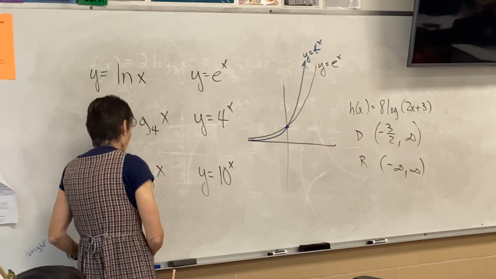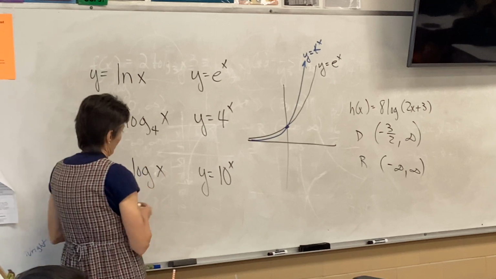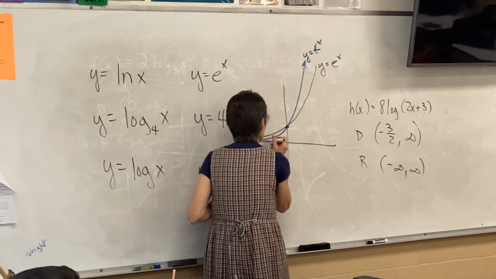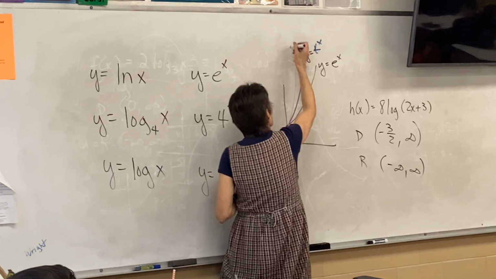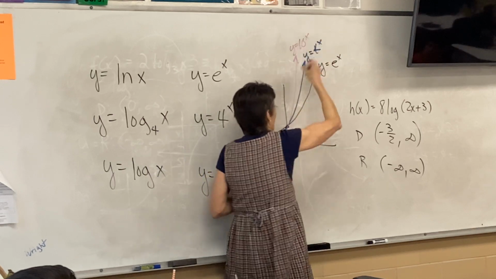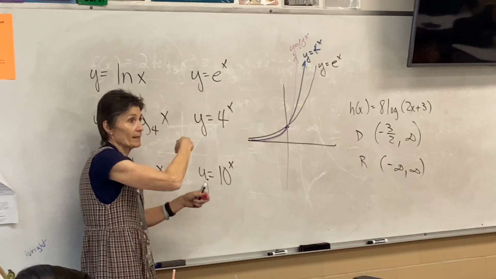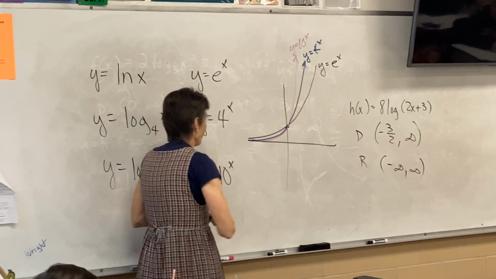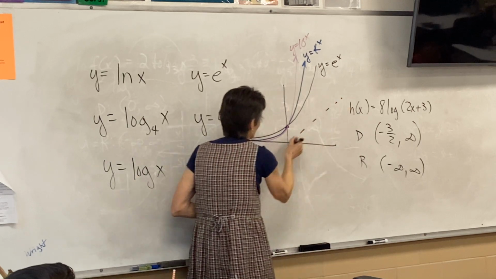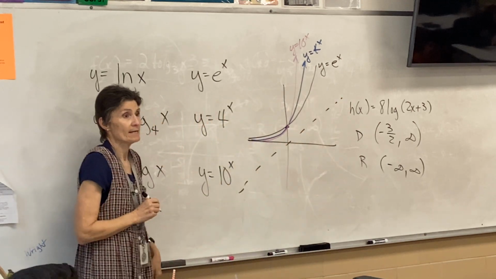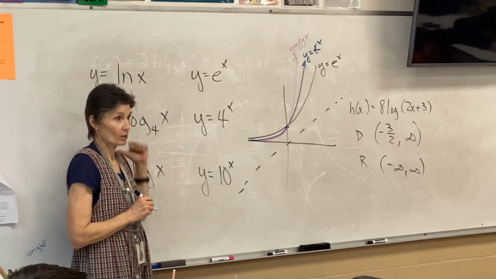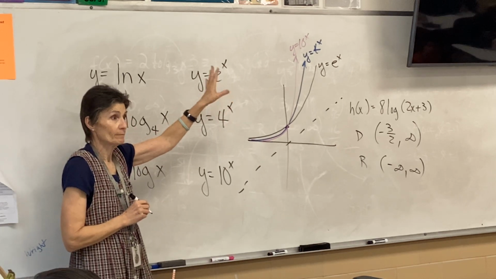And then what about 10 to the x? It's going to go up even faster. Now, does that make sense to everybody? So now I want you to think about folding these across the identity, because the logarithms are going to be the inverses of those, right?